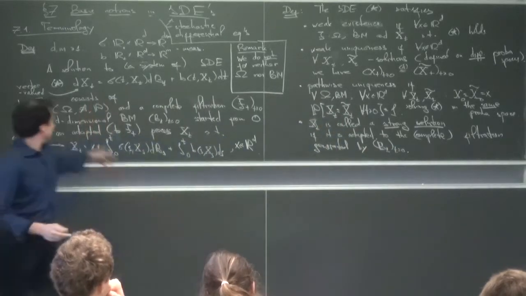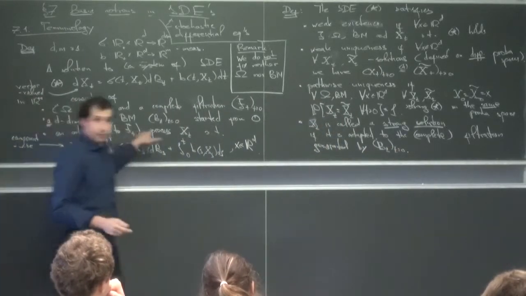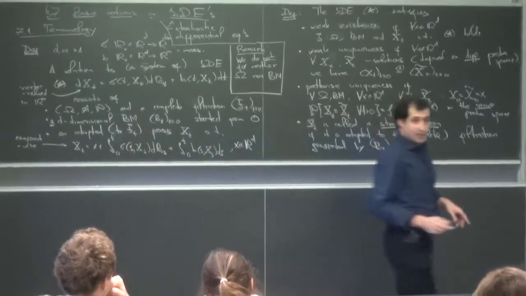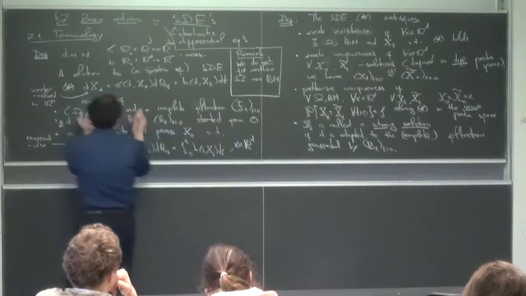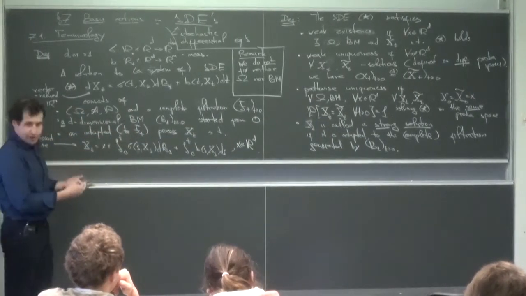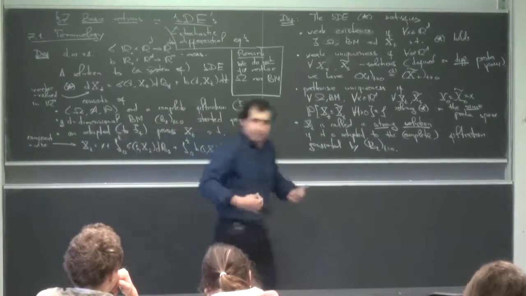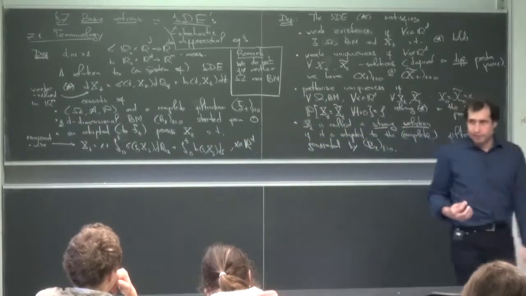Note that here I didn't ask that Ft has something to do with Bt. Bt is adapted to Ft, but in principle Ft can be larger. I mean, it might contain some more information.